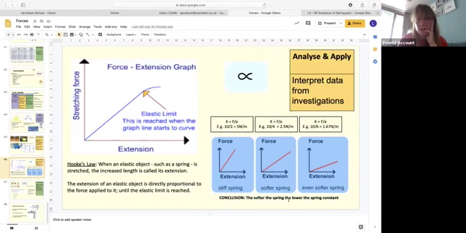Okay, the softer the spring, the lower the spring constant, and you can work that out from here, because force divided by extension is the gradient of the line, isn't it? It's rise over run. Okay, so you could work out the spring constant from any point in this graph because it is directly proportional.